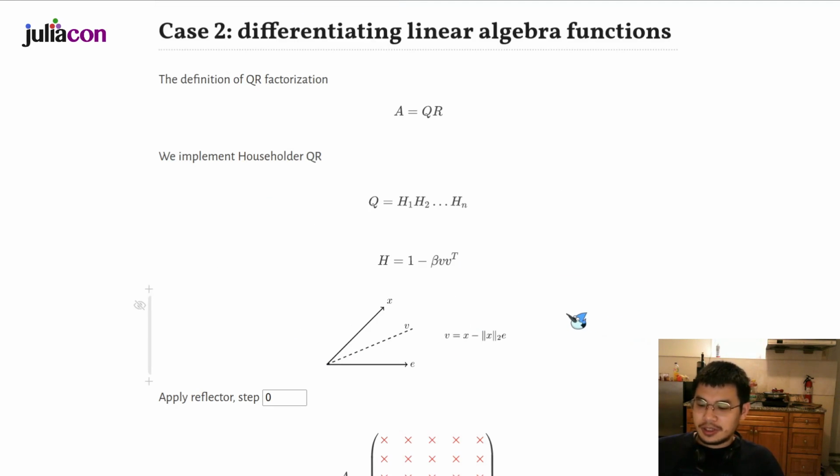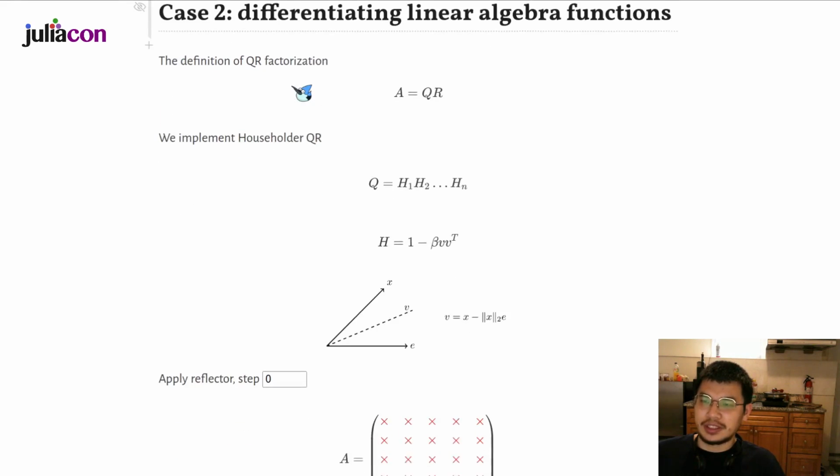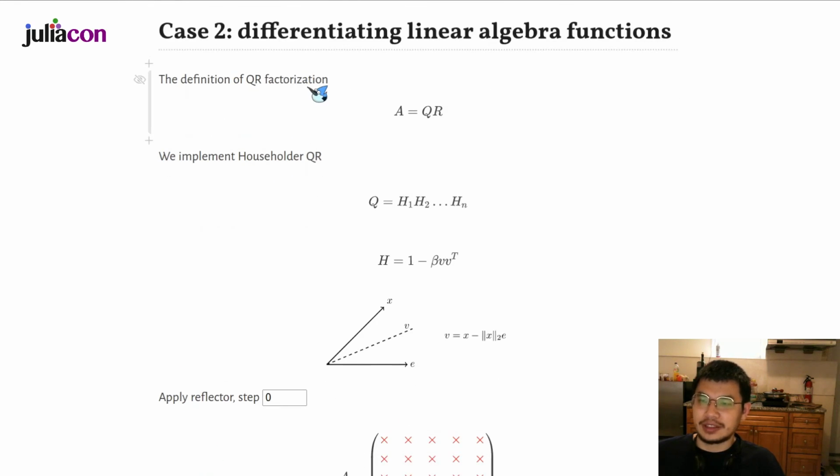So what reversible programming is good at is actually not differentiating a linear program. It's about the flexibility to utilize the reversibility and to compute intermediate results under control.